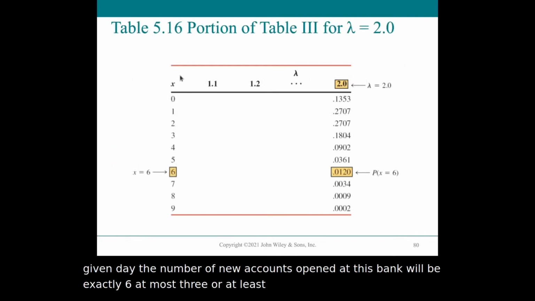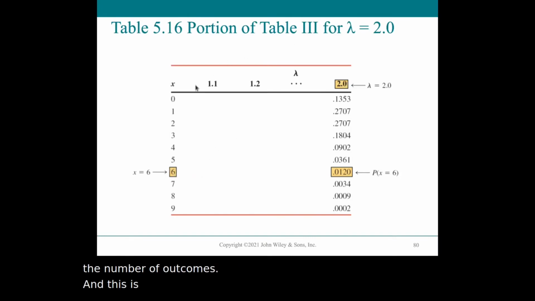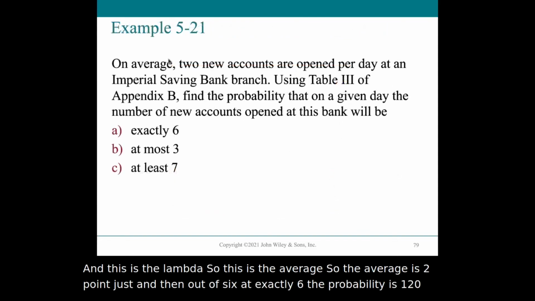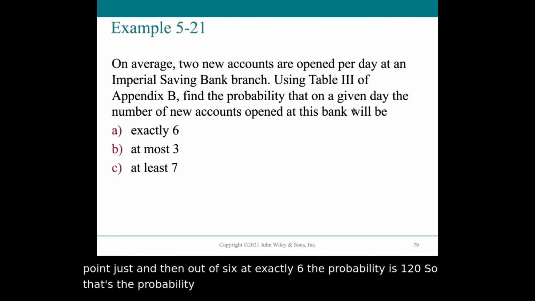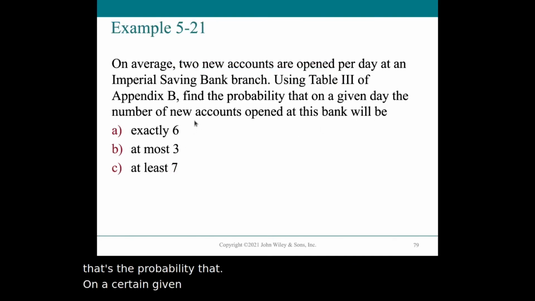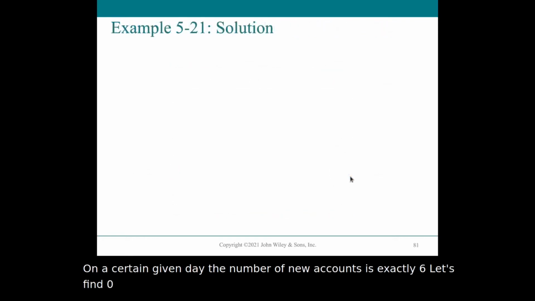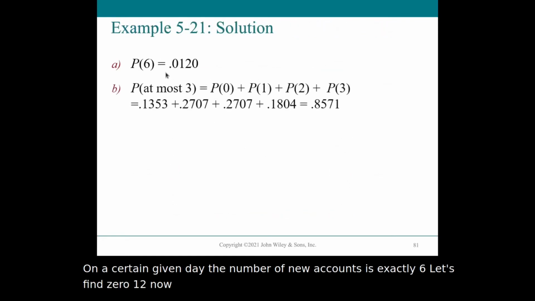From the table, you get the number of outcomes, and this is the lambda, the average, which is 2.0. At exactly 6, the probability is 0.0120. That's the probability that on a given day, the number of new accounts is exactly 6.